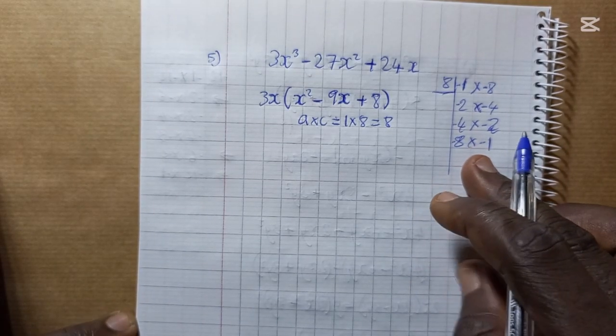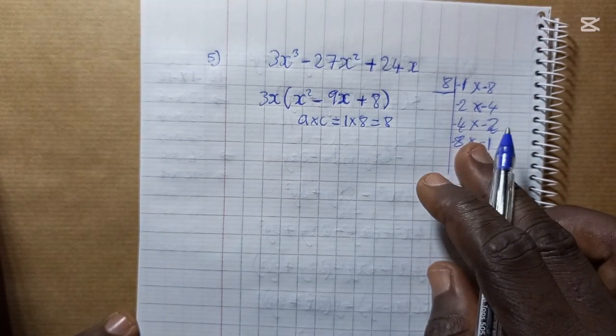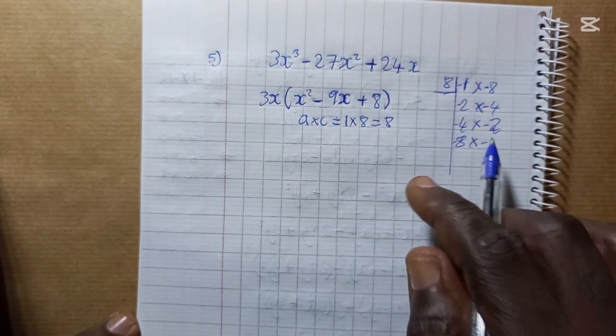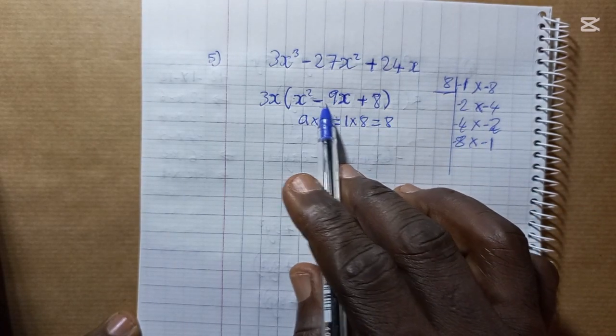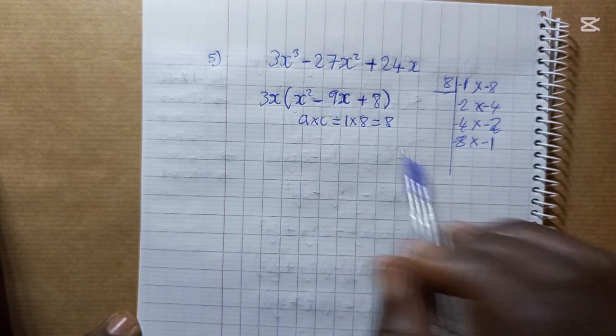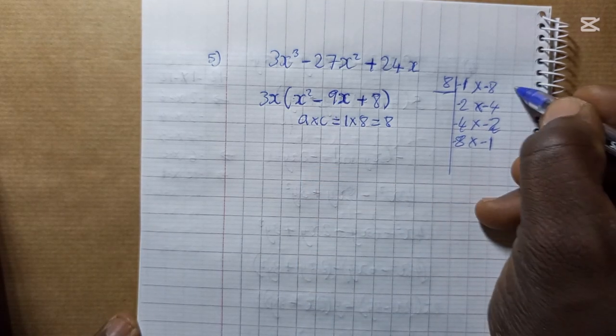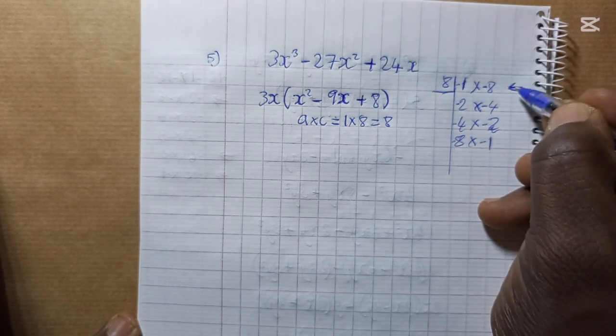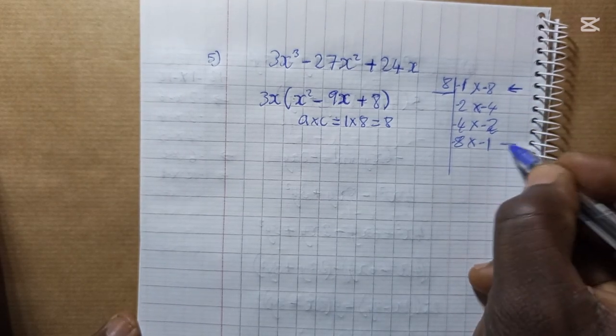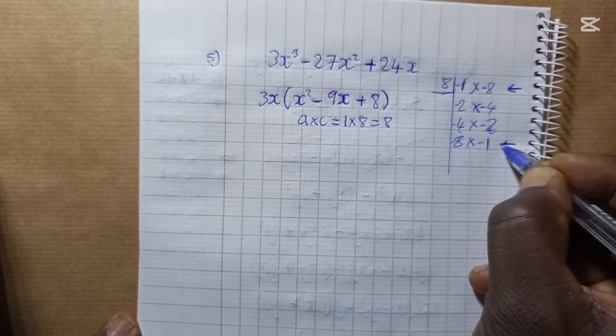So which of them can we multiply together to give 8, and when we add them together give us minus 9? From these, this can work, and also this can work.